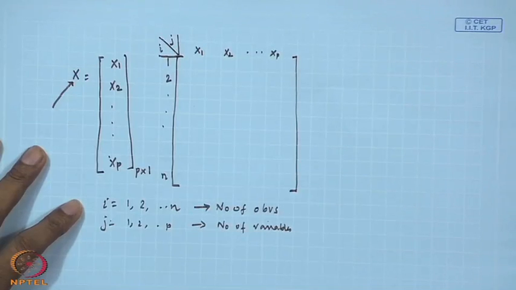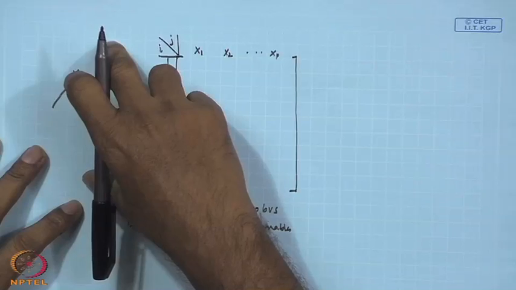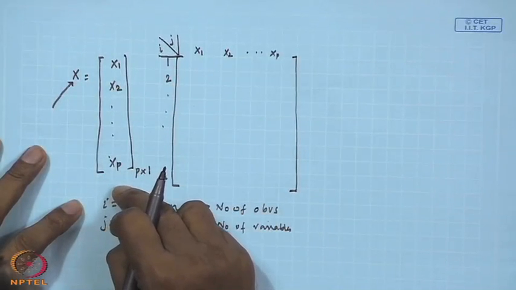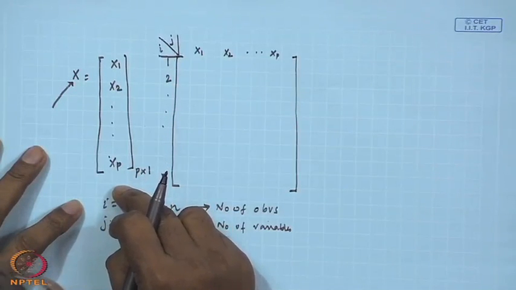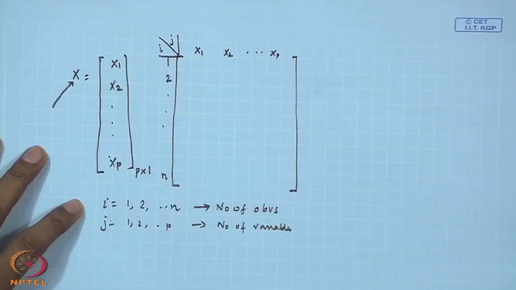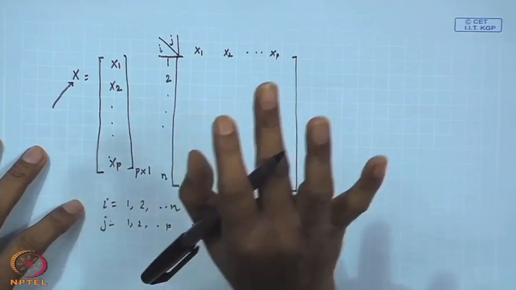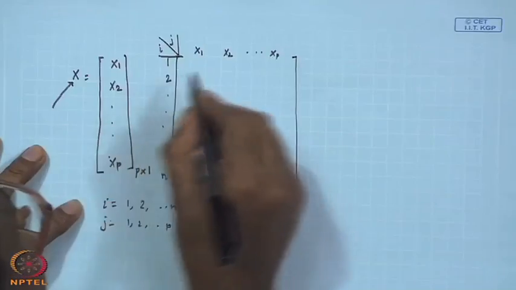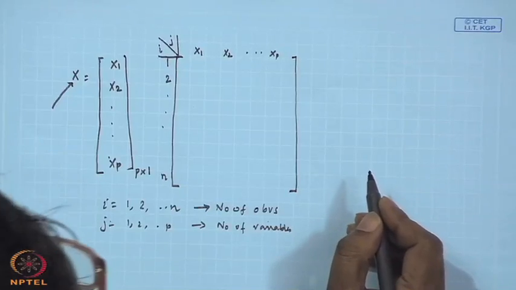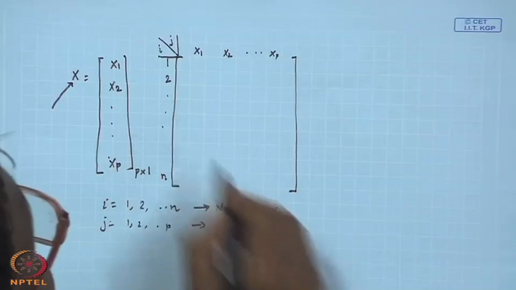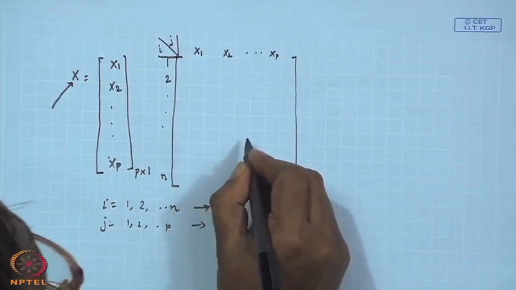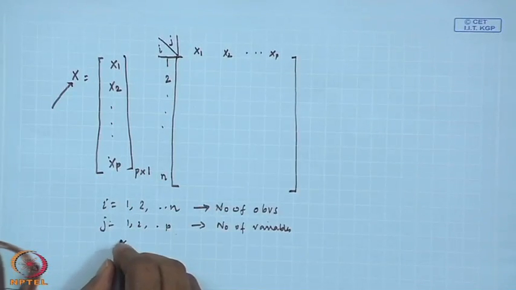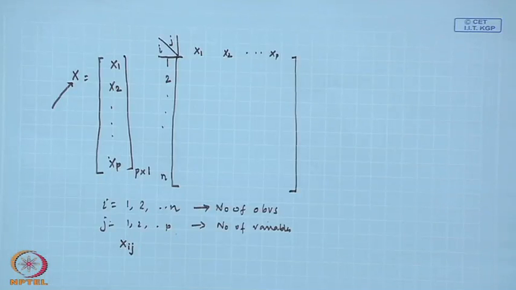Now, you think of a situation that you have your population, you know that p variables are there, you identified the variables. Now, you are planning to collect data, you have not collected data yet. Then our nomenclature, the way we will be writing here, the general observation will be x i j.